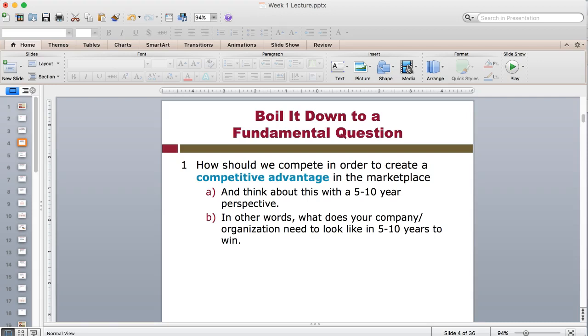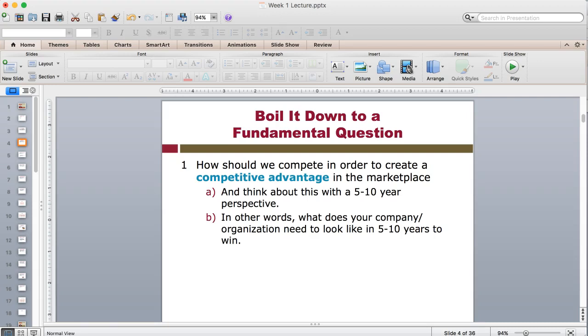The world is just littered with companies that have failed because they didn't adapt to technology, for example, or social media or other things. And so the question is, this is 2019. What does your company need to look like in 2024 to survive 5 years from now? What does your company need to be doing in 2029 to survive?